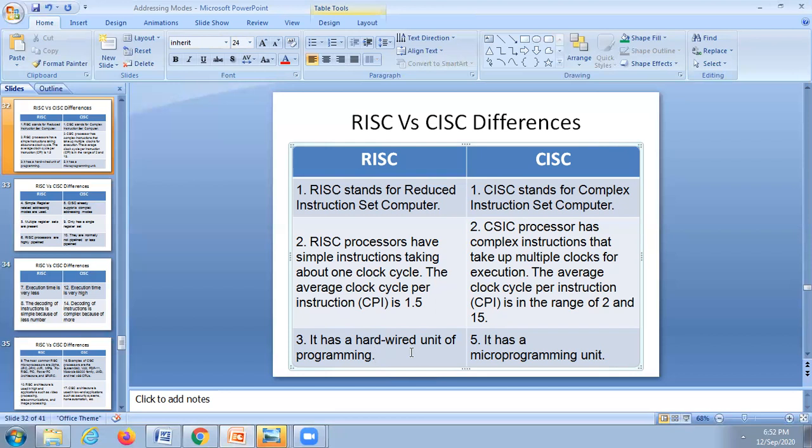The control unit used in RISC processors is a hardwired control unit. It has a hardwired control unit.